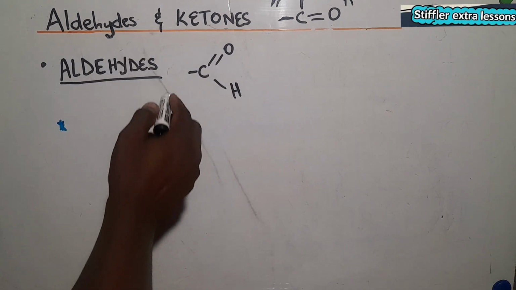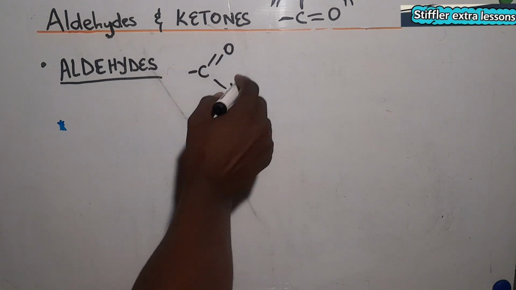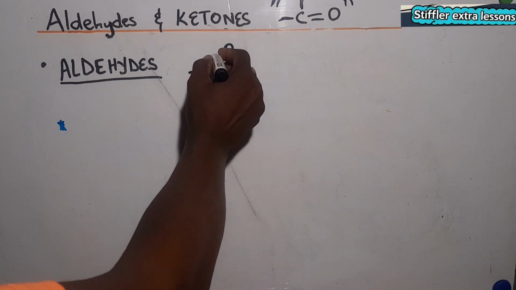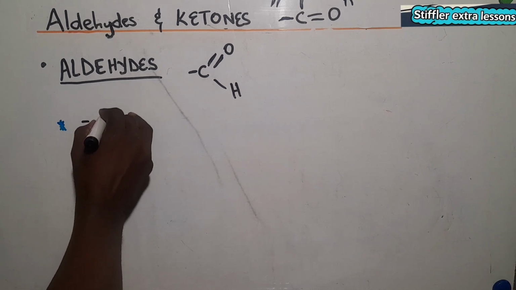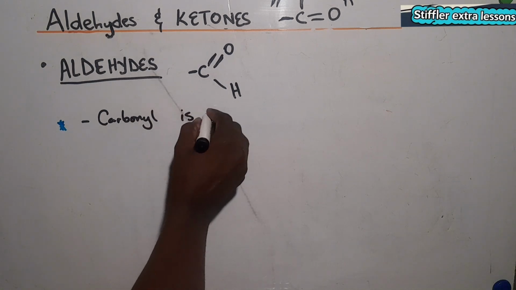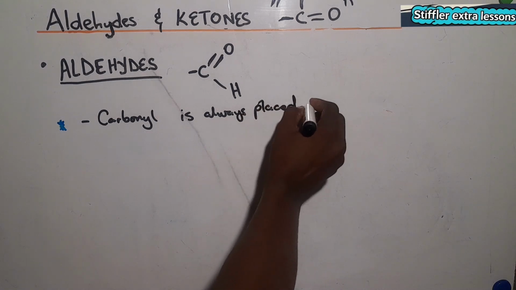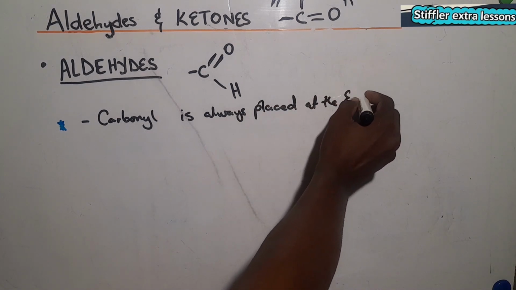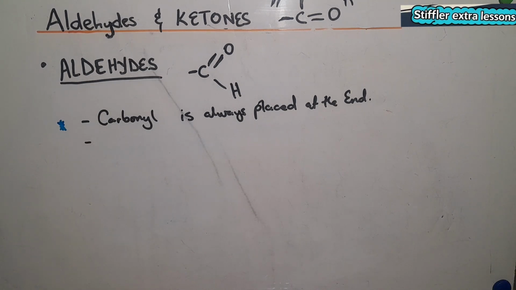As you can see, in the aldehyde, this functional group is always at the end of the long chain. That's why we write it like that. It's at the end of the longest chain. So as I said, this carbonyl functional group in the aldehyde is always placed at the end of the chain, and we write it like that, right?